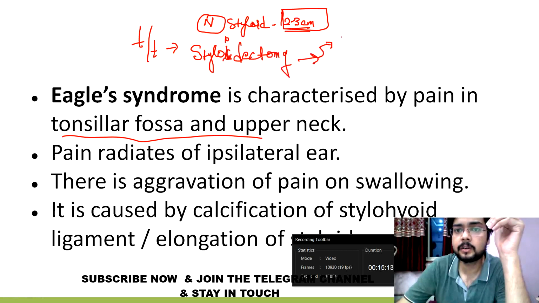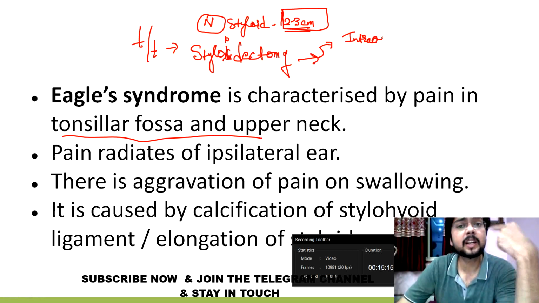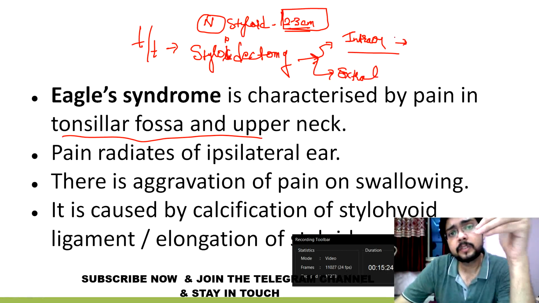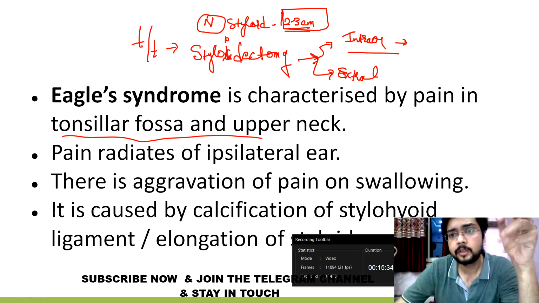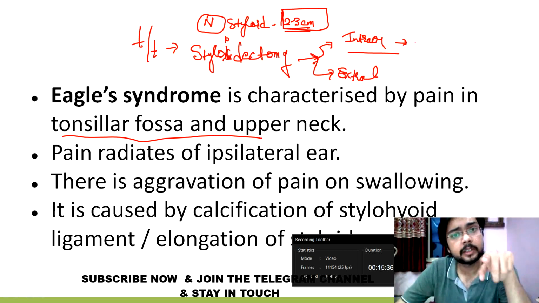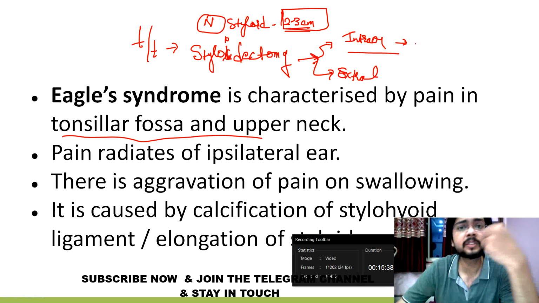It can be done intraorally or by external approach. Mostly it is done intraorally. Via the oral cavity, you first remove the tonsil, do the tonsillectomy, and then from the tonsillar fossa or bed, you palpate this elongated styloid process. One way of diagnosing it is to wear gloves and palpate with the pulp of the finger in the tonsillar fossa.